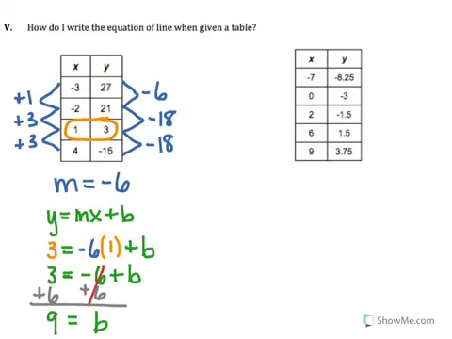Now I can just piece it all together. I have my slope and I have my y-intercept. So I know that my equation is y is equal to negative 6x plus 9.